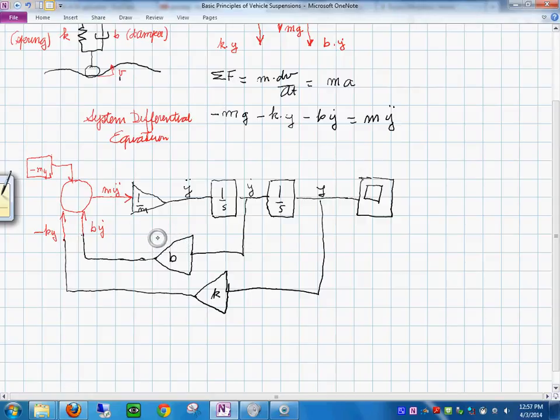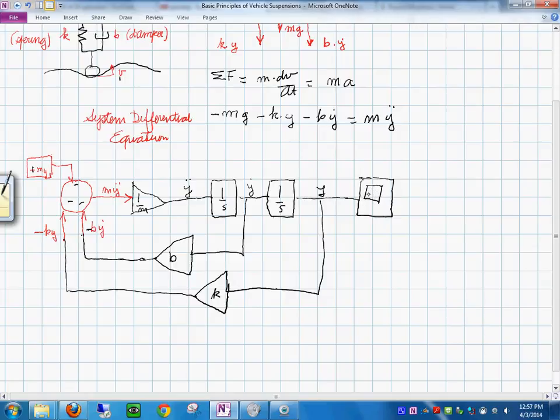Remember, this is minus over here, so minus minus, and this too. If you put this a plus, you can put the minus over there. But this is the basic Simulink model that can be used to solve the differential equation.